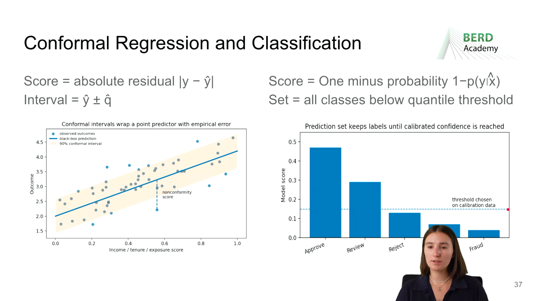So for example, our non-conformity score would be very low for fraud, escalate or reject. But we don't know, basically those are the three options that we would keep in our prediction set.